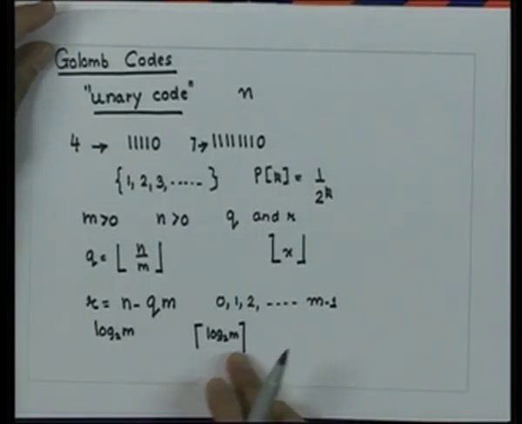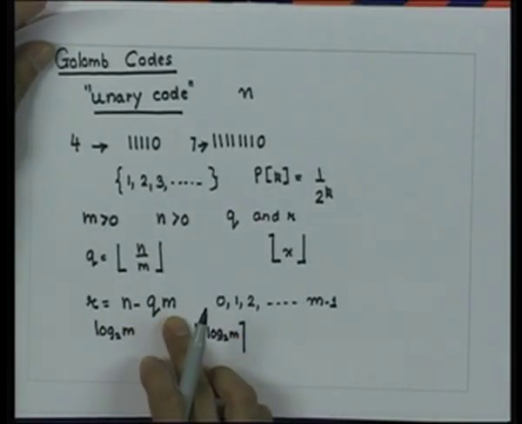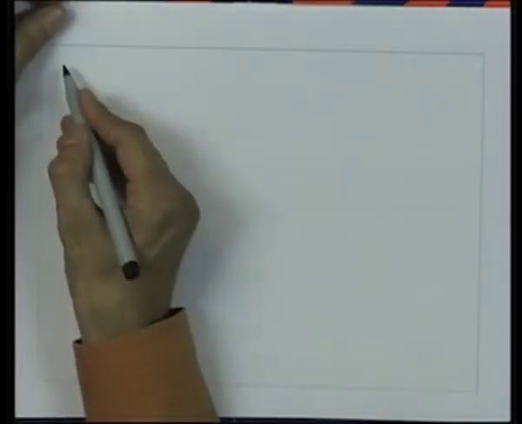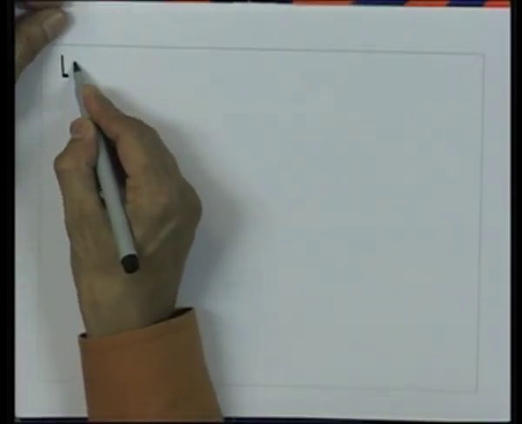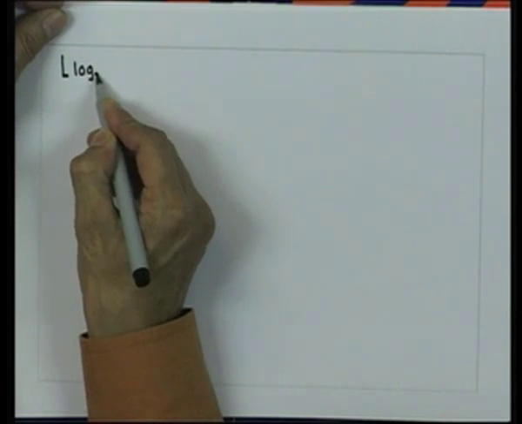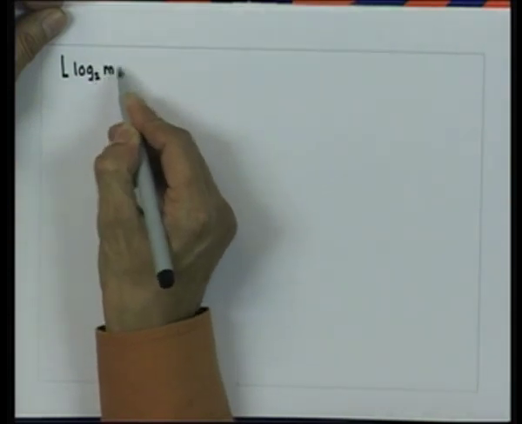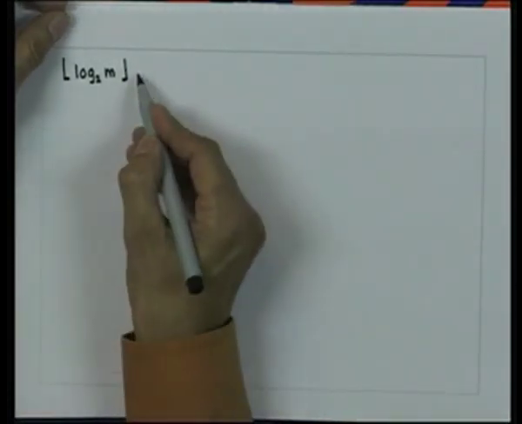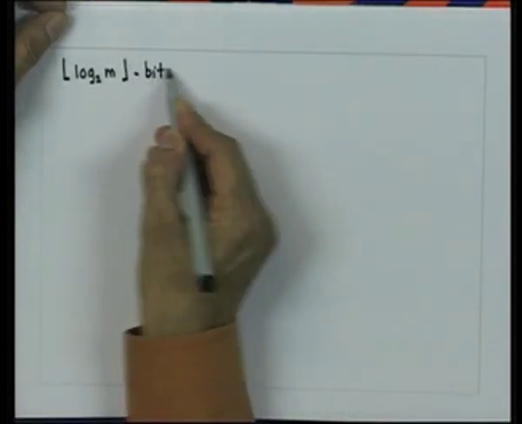So, if m is not a power of 2, we can reduce the number of bits required if we use the following strategy.